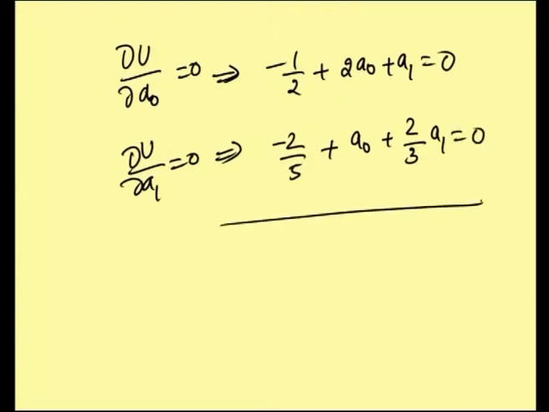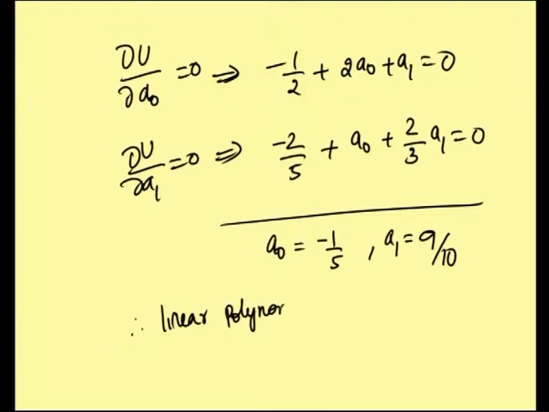We have to solve these two equations for a0 and a1, and we get a0 is equal to minus 1 by 5 and a1 is equal to 9 by 10. So that linear polynomial approximation, the function x cube is linearly approximated as a0 plus a1 x. Now, a0 and a1 we have found out, that has to be substituted.